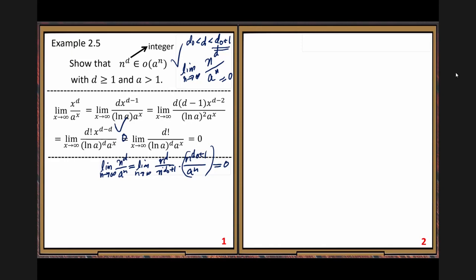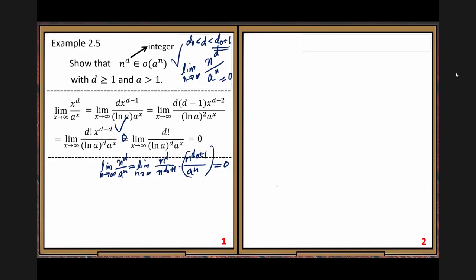Now, I try to challenge your intuition. d could be any positive number.